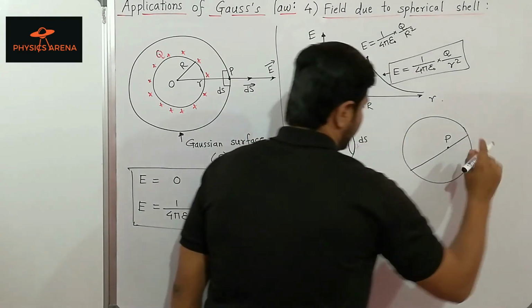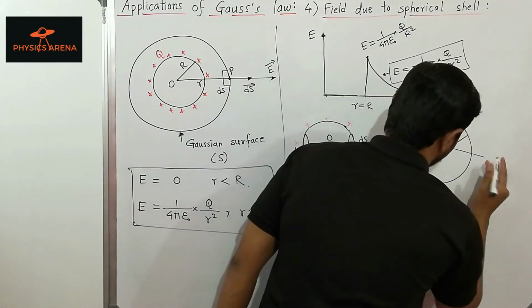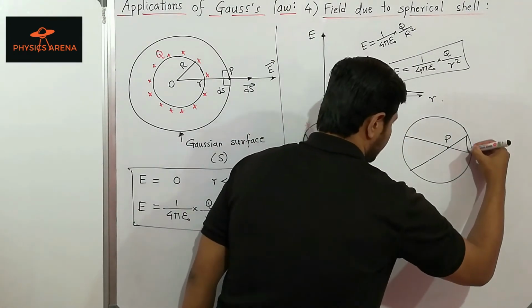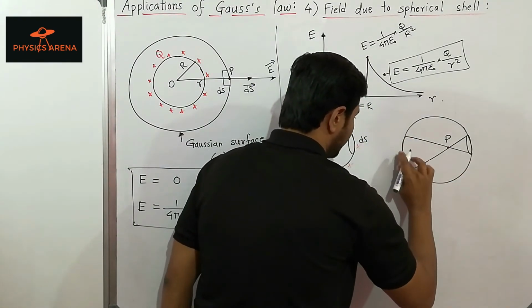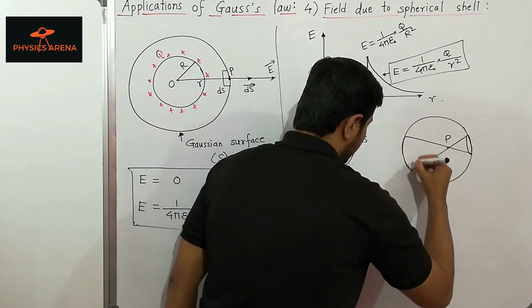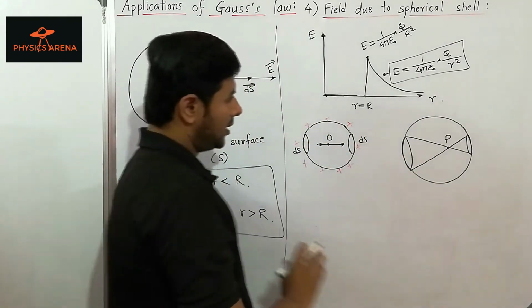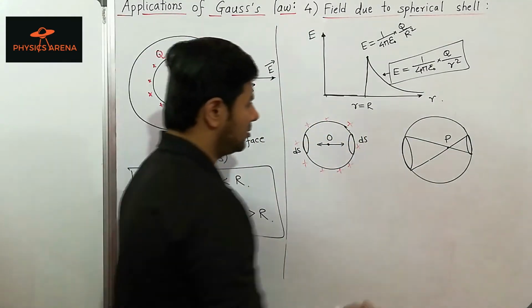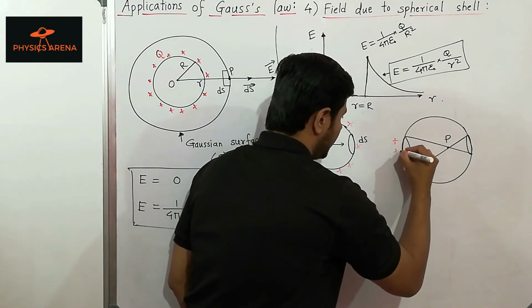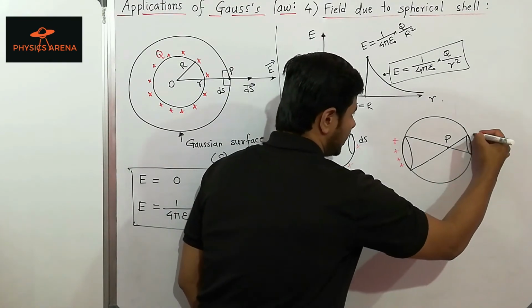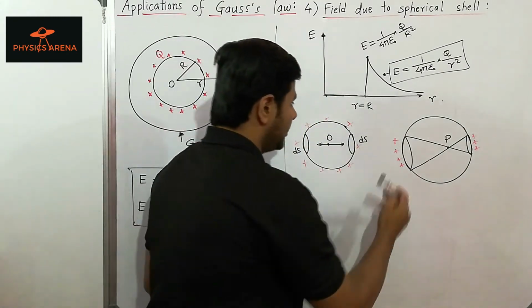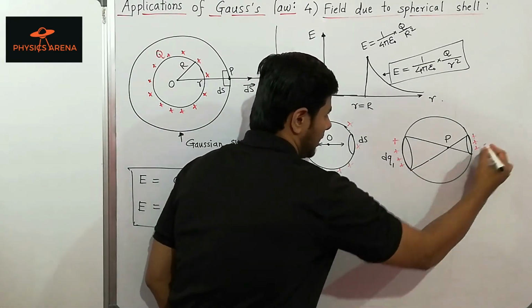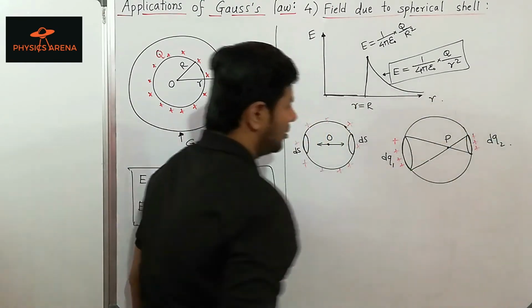Let's consider surfaces like this surface, and the diametrically opposite surface. Now they are no longer equal, so the charge on them is not the same, the charge is different. So we can say this is dq1 and that's dq2.